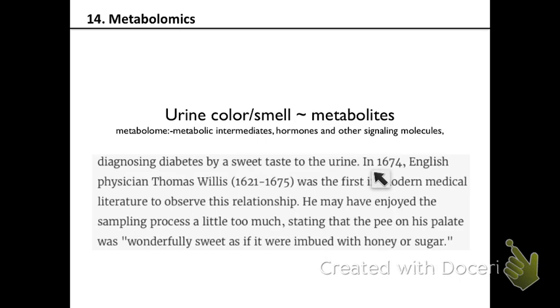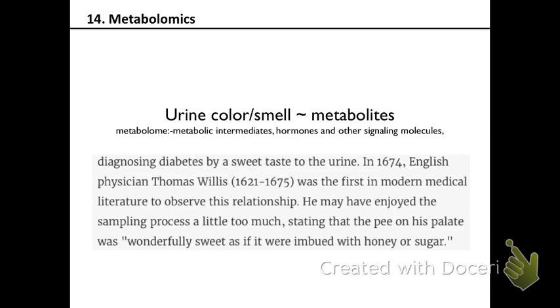In 1674, this English physician, Thomas Willis, was the first in modern medical literature to observe this relationship. And he may have enjoyed the sampling process a little too much, stating that the urine on his palate was wonderfully sweet, as if it were imbued with honey or sugar. So essentially, he tasted to diagnose.